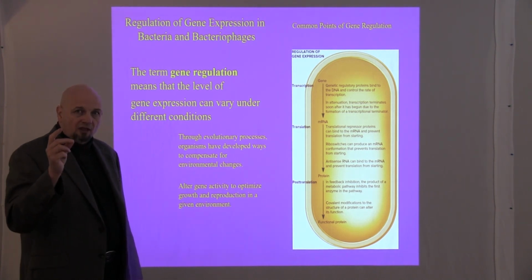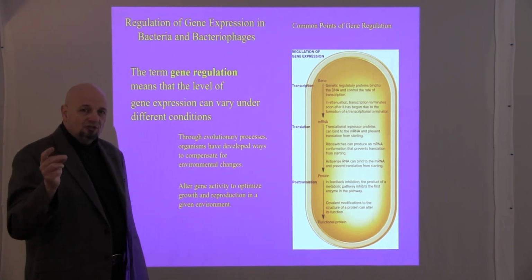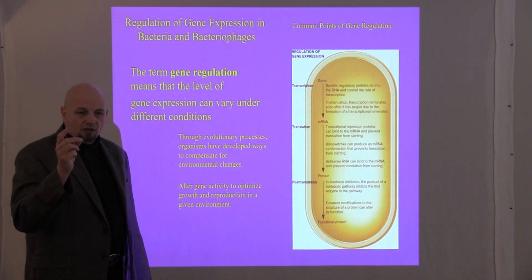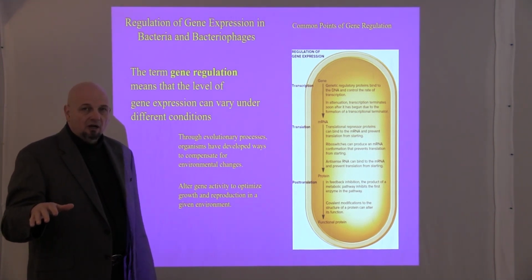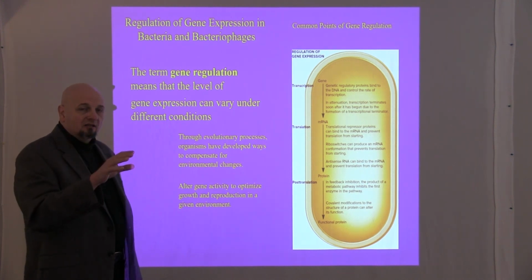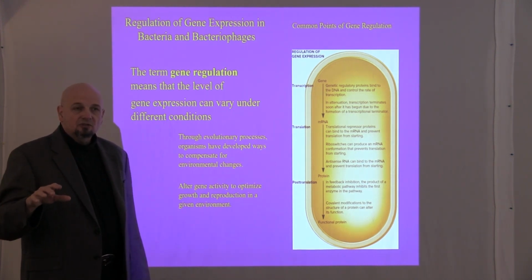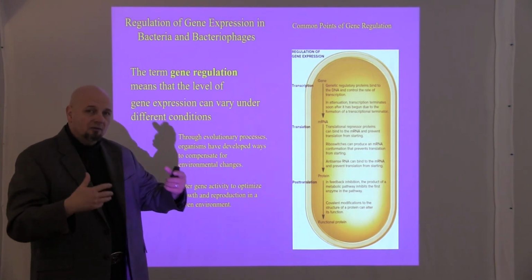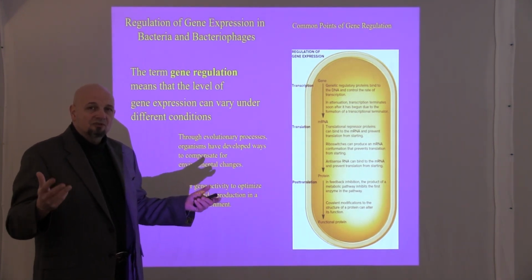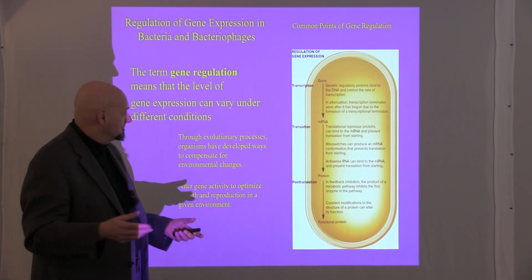So if they don't need a particular gene system in that particular environment, then they keep it turned off. All right? But if they suddenly end up in an environment where they need that gene system, they have to have a mechanism for turning that on. And that is what evolved in bacteria to allow them to survive within their particular environments.